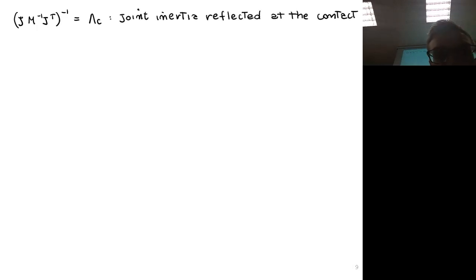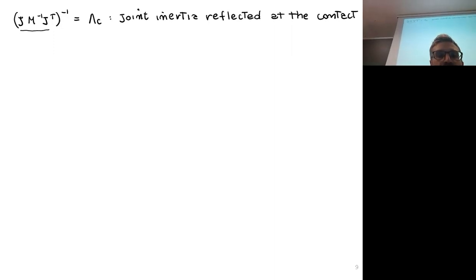So first, let's define what lambda C is. This is the robot inertia, the joint space inertia, that is reflected at the end effector. Remember that whenever we were reflecting the motor rotor inertia of our electrical motor to the load side after the gearbox, we multiply it by the square of the gearbox ratio.